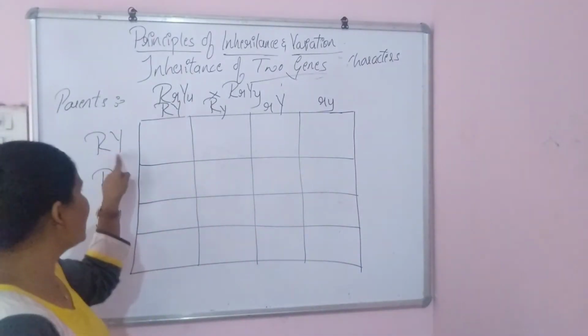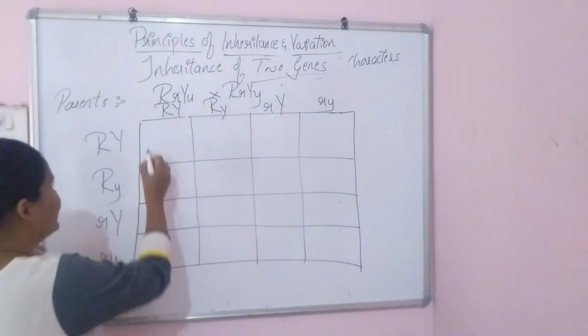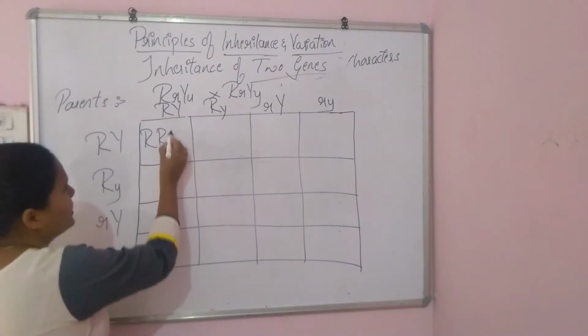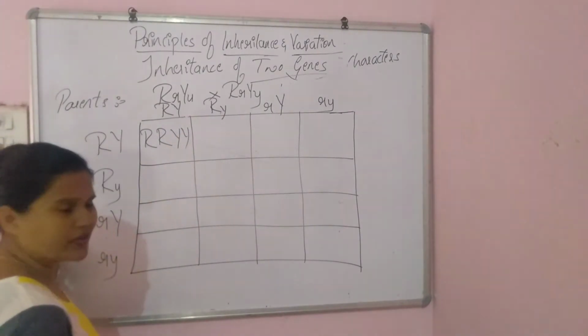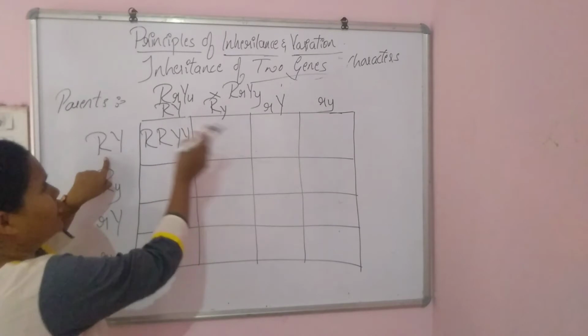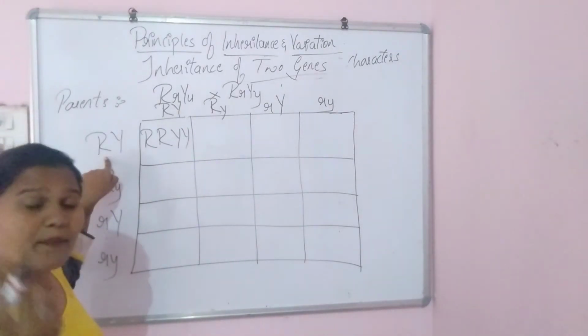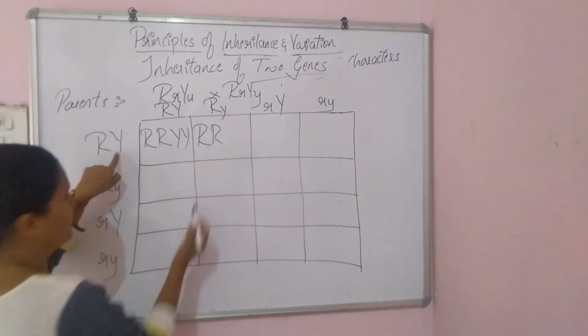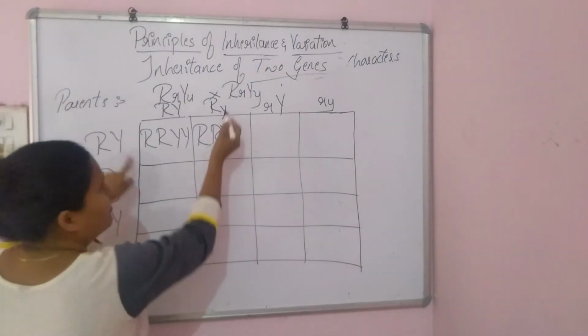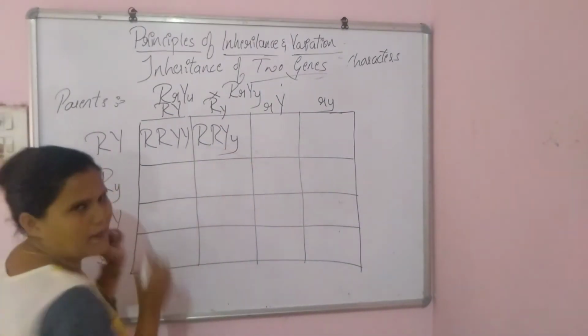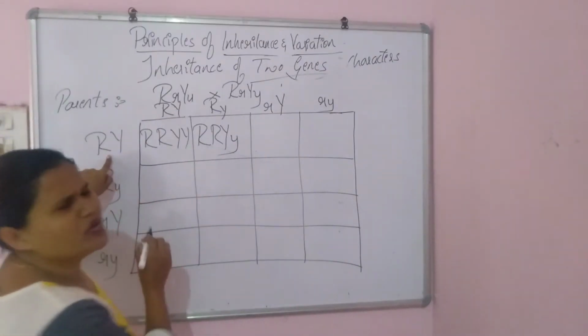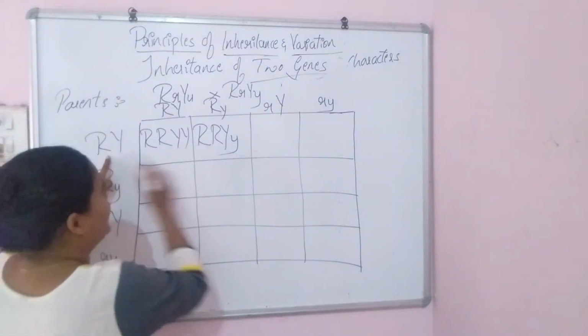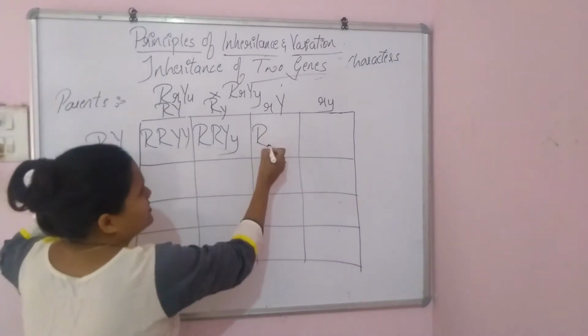So after crossing RY and RY, what we will get? That is capital R and capital Y, right? And again, after crossing capital RY and capital R small y, that is capital R, here the capital Y, but here is the small y. And again, first you write down the capital R, okay? Here is the capital R and here is the small r.